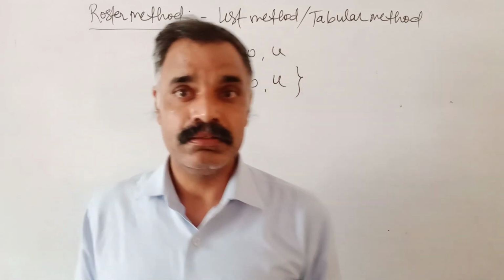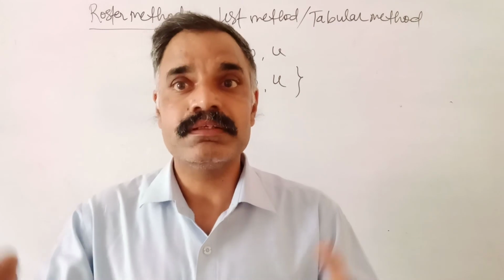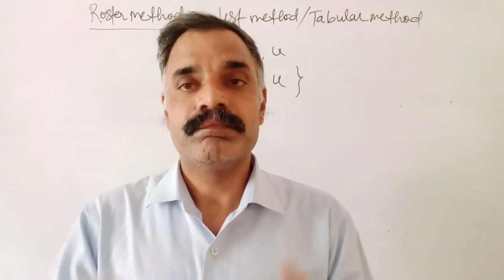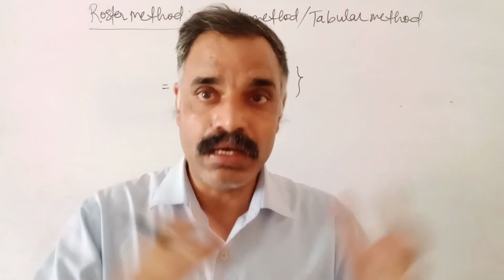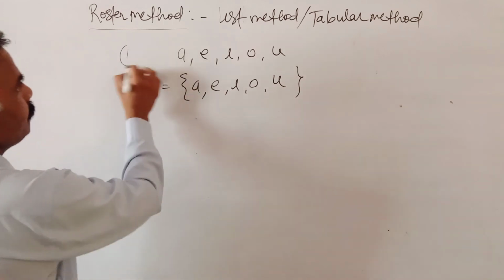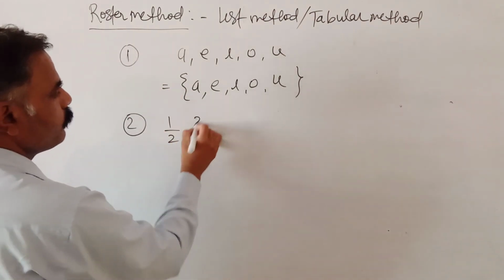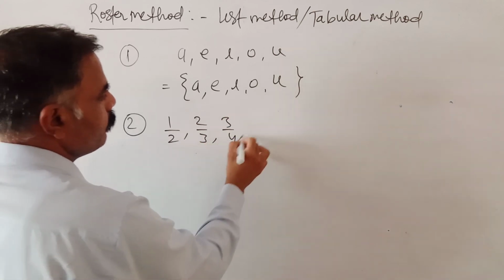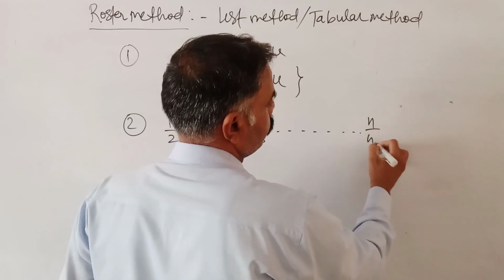Very simple. But in the set builder method, we used the property by which we can represent all the elements. The second example was 1 upon 2, 2 upon 3, 3 upon 4, 4 upon 5, and so on, n upon n plus 1.